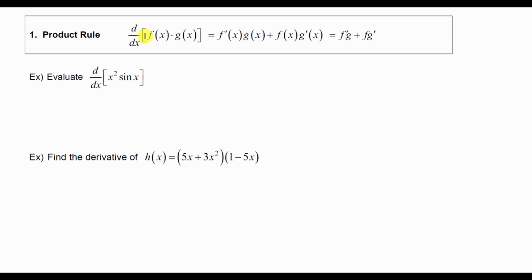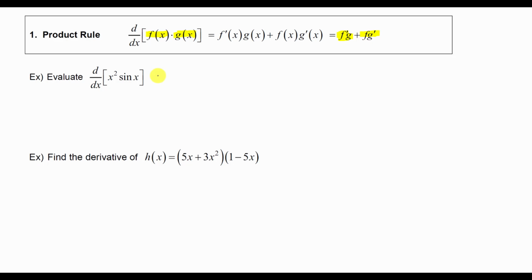The derivative of a product of two functions is the derivative of the first function times the second function plus the first function times the derivative of the second function. Do you understand? Whenever you notice we are taking the derivative of f times g, what you have to do is take f prime times g plus f times g prime to get the right answer. You're going to have to remember that.